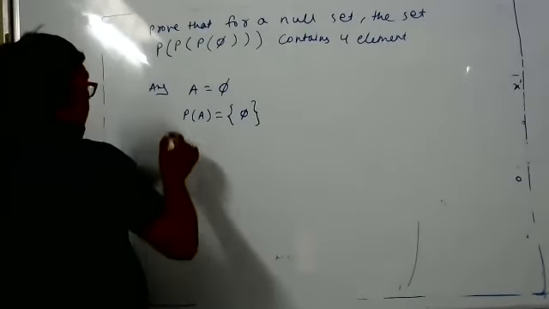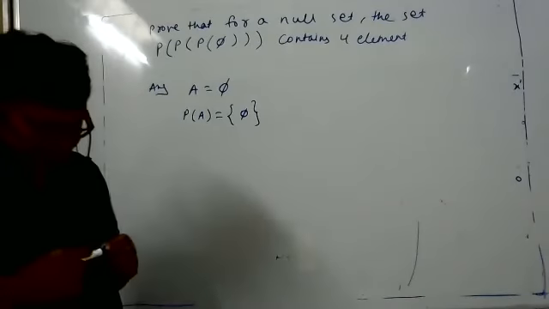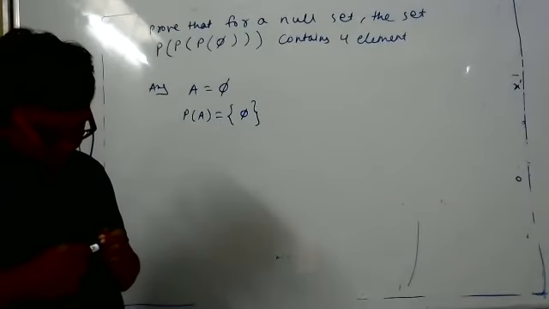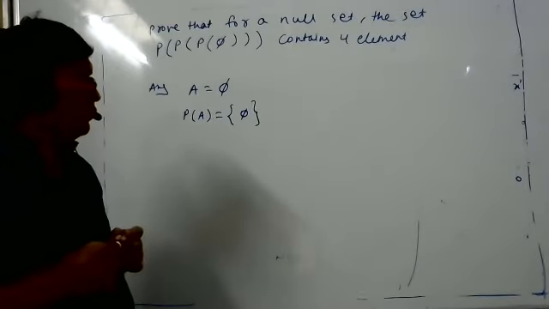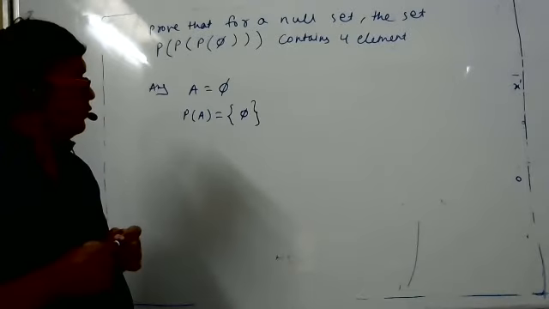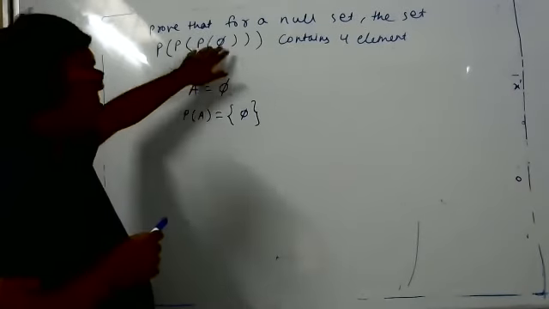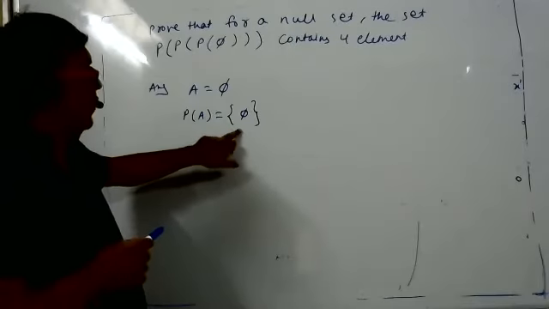Sir, it would include itself and the set, because the given set has a bracket inside it. Leave that. Till now, what I have done, is that correct or not? Yes, sir.